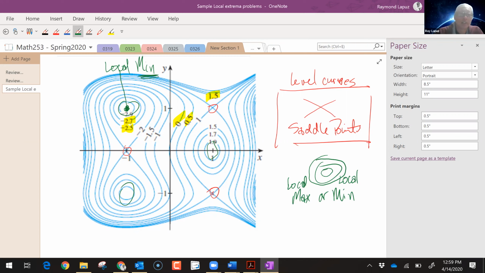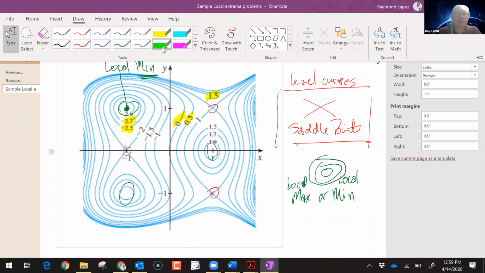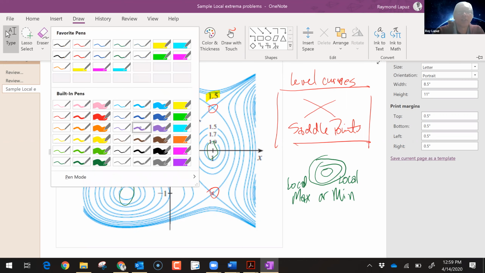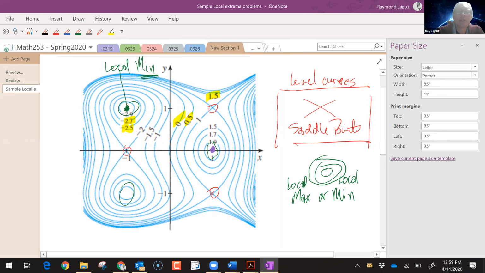Now, let's take a look at this other one. So if we take a look at this critical point here, again, it's circular, so we should look at it as a maximum or a minimum. And if you look at the concentric circles around it, there's 1.5, 1.7, 1.9.